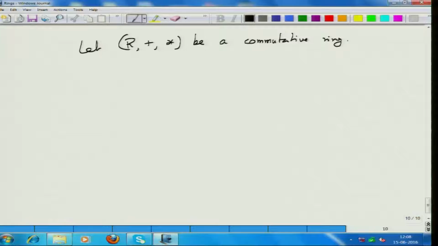So the first thing we need to understand is what are the elements that are divisible by something else. Now, one type of elements divide just about everything.